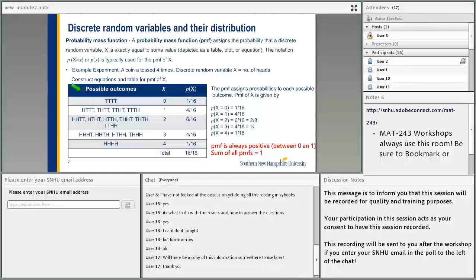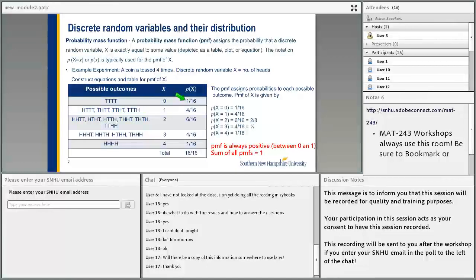So the first column has the possible outcomes. The second column has the value of my random variable x. And the third column has the probability associated with that value. So if I get all tails, my discrete random variable x has a value 0 because I have defined my discrete random variable to be equal to the number of heads.